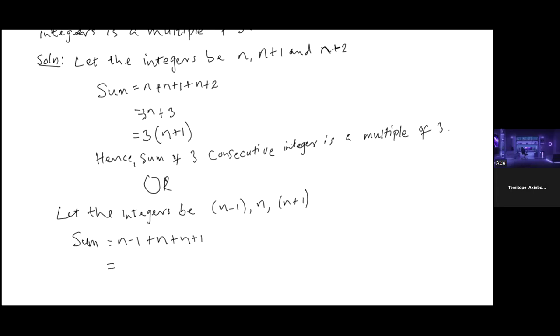So n plus n plus n by like terms will give you 3n. Then minus 1 will take care of plus 1. So you have 3n, which is a multiple of 3. Do you get that now? So you now make the same conclusion. Hence, the sum of three consecutive integers is a multiple of 3. Is that clear?